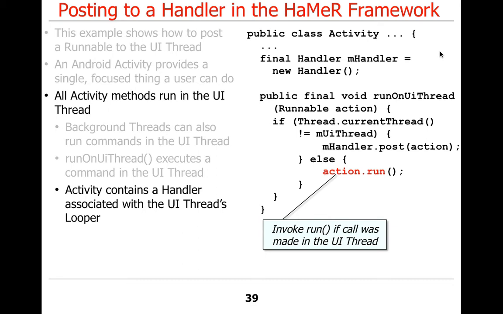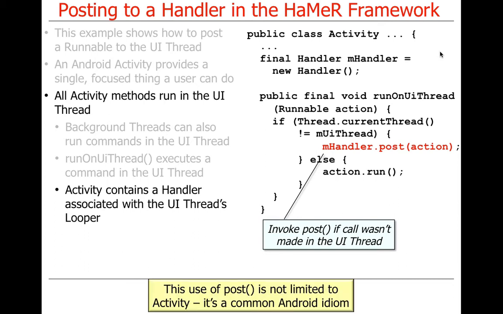So there's no need to change context. Conversely, if it's not in the user interface thread, if it's in a background thread, which is the only other thread there could be in this context, it turns around and it posts the command via the handler. So you can see this gets posted via the handler. And we'll take a look and see what happens under the hood in just a second.